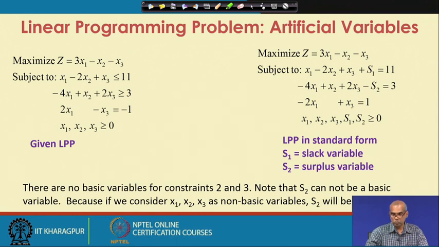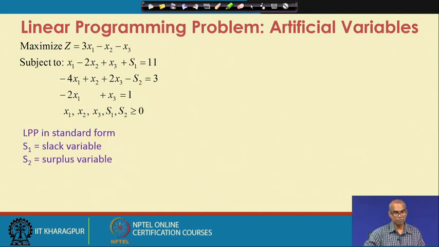In constraint 2, we cannot consider S2 as a basic variable, because if we consider x1, x2, x3 as non-basic variables, minus S2 will be equal to 3, that means S2 will be equal to -3. That will violate the non-negativity constraint on S2. So, we do not have a basic feasible solution, and we have to introduce artificial variables.